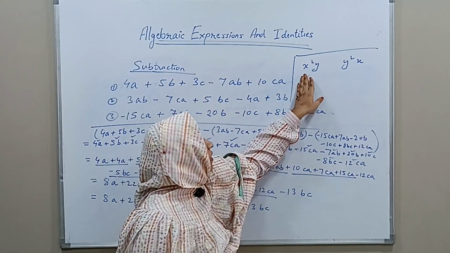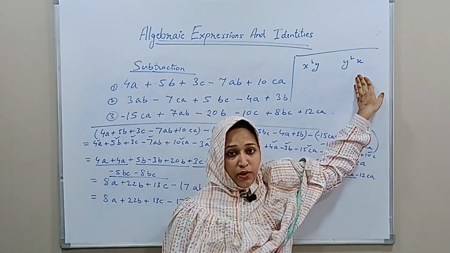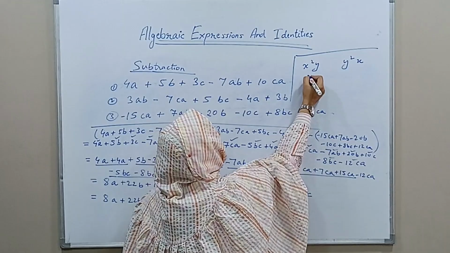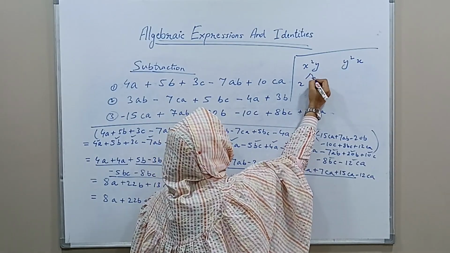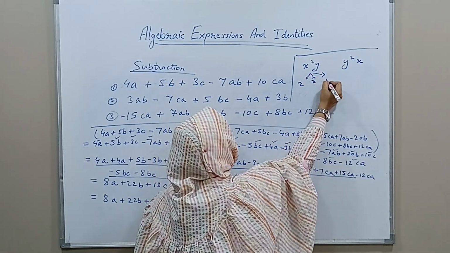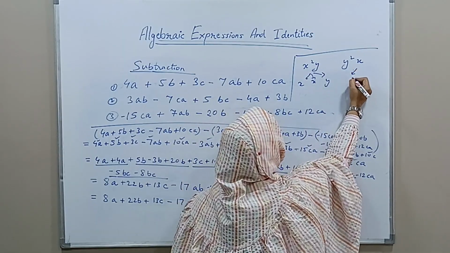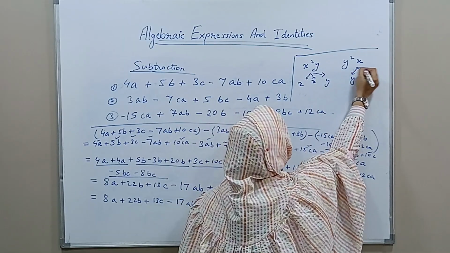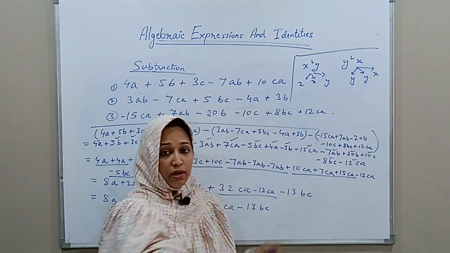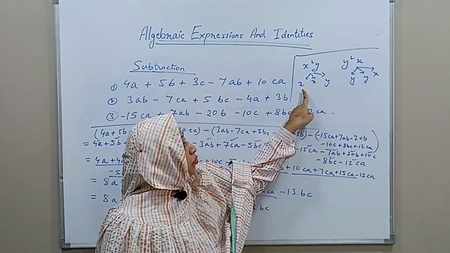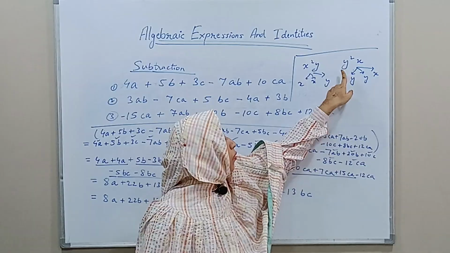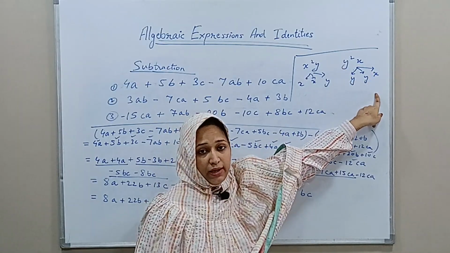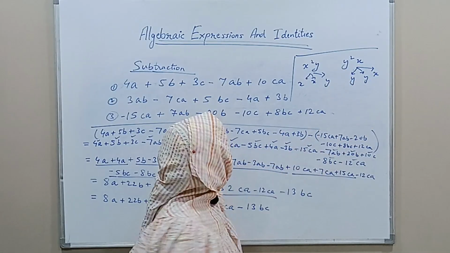We have same alphabet x and y, but in this case we have 2x 1y, whereas in the other case we have 2y 1x. So these are the factors. x square y is 2x 1y and y square x is 2y 1x. So these are unlike terms.